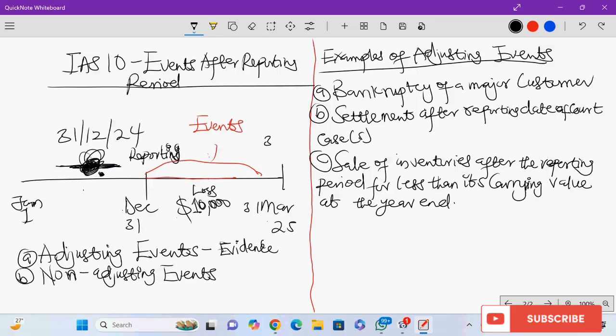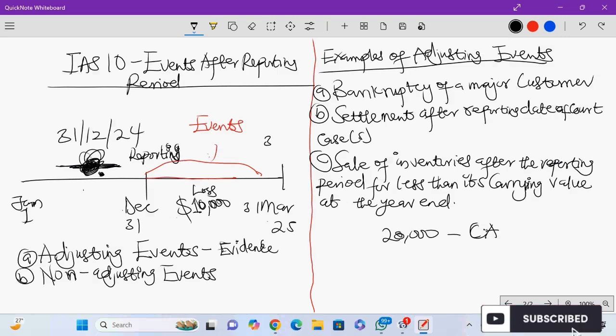So during January to December, we had an inventory of 20,000. Now after the year end, we sold this inventory. So this is the carrying amount in the books: inventory 20,000.